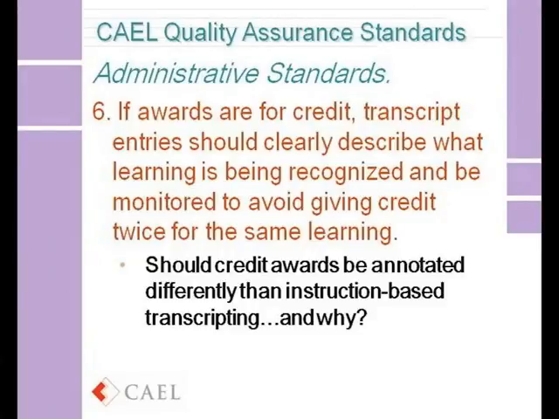When transcripting courses, decisions ensuring against duplication are usually made in advance and built into the academic regulations. For PLA, it is important that such clarifications and specifications be explicitly monitored to ensure consistency and standard registrar practice.